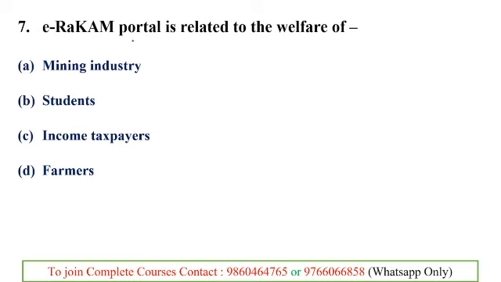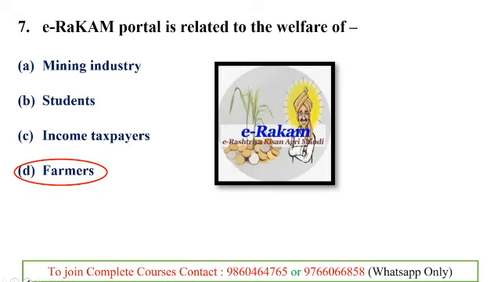The e-Rakam portal is the portal that relates to farmers' welfare, and it is developed for the farmers, and it is known as E-Rashtriya Kisan Agri Mandi. Clear? E-Rashtriya Kisan Agri Mandi, that is the full form of e-Rakam, and here Mandi is for market. So it is a Kisan Agri Market.